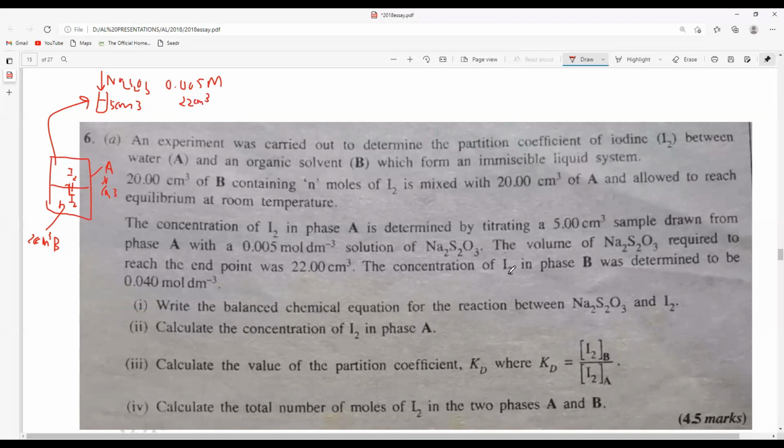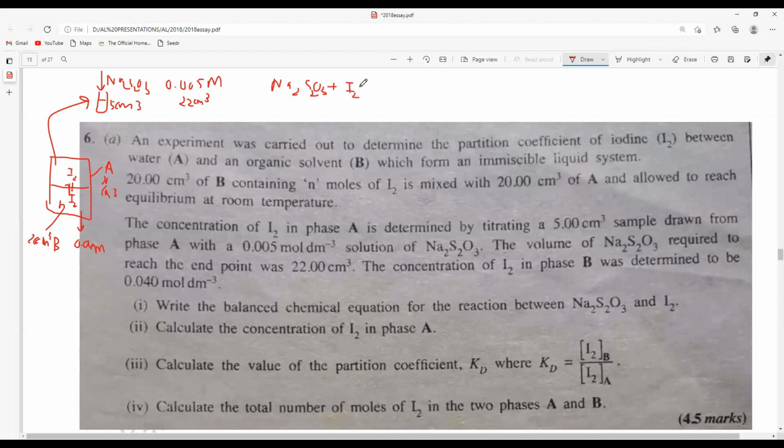And the concentration of I2 in phase B was determined to be 0.04. So this is already found, probably using the same process. So this was found as 0.04 M. Write the balanced chemical equation for the reaction of Na2S2O3 with I2. This is very, very common; we have done this many times.